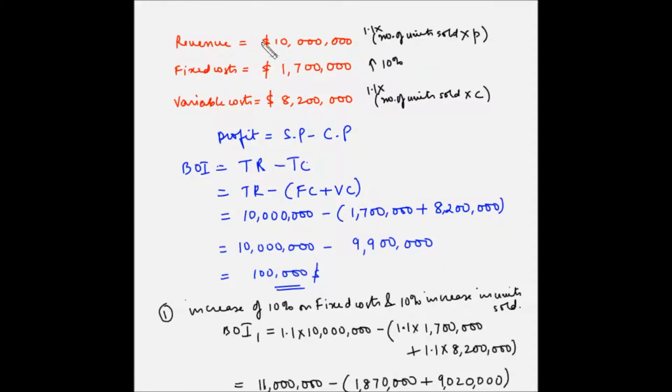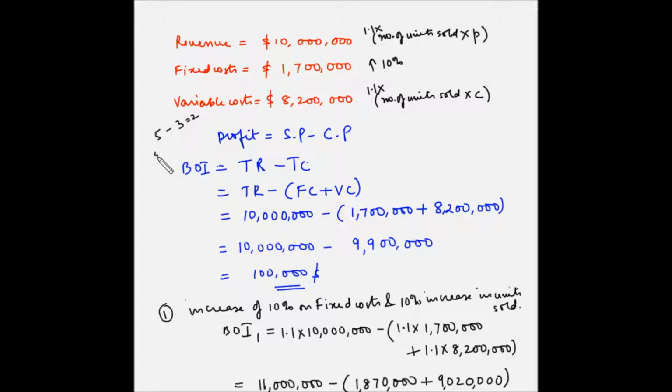Now I would like to explain one simple concept here. So let's assume that this total revenue is $5 and the total cost is $3. So the operating income is 5 minus 3, which is $2. Now let's say both the revenue and the cost increases by 10%.